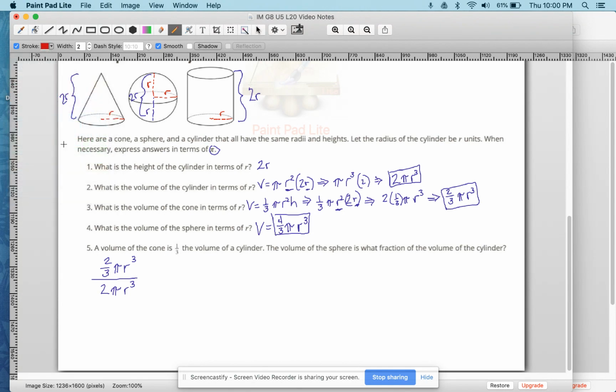If we look at what we have here, pi divided by pi is 1. Radius cubed divided by radius cubed is also 1. So really all we have here is 2/3 divided by 2. And when you're working with fractions, it's always nice to work with it this way.